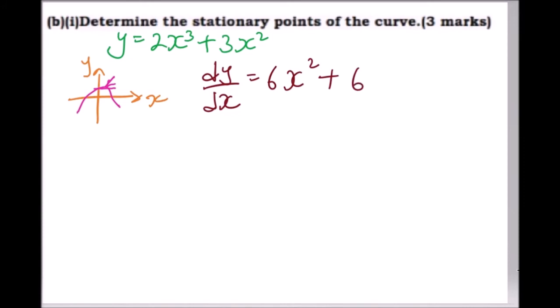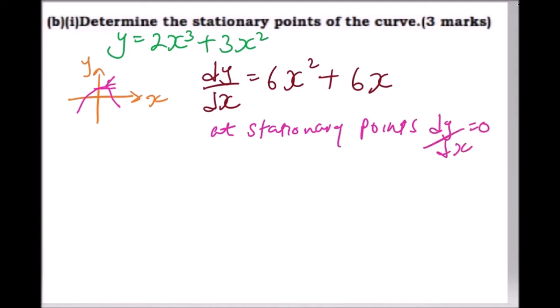We minus 1 from 2, we get 6x. So this means since this is a gradient, at a stationary point dy over dx is equal to 0, and you can see this is a cubic function, so it has several terms.